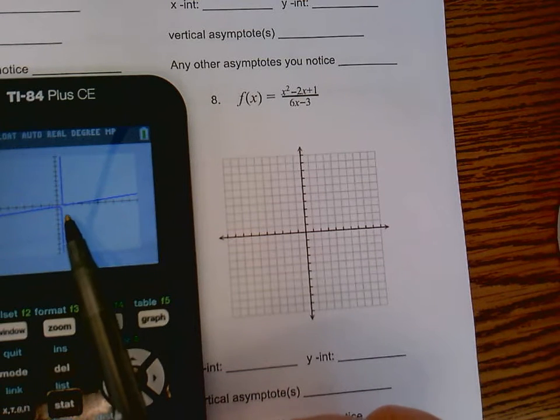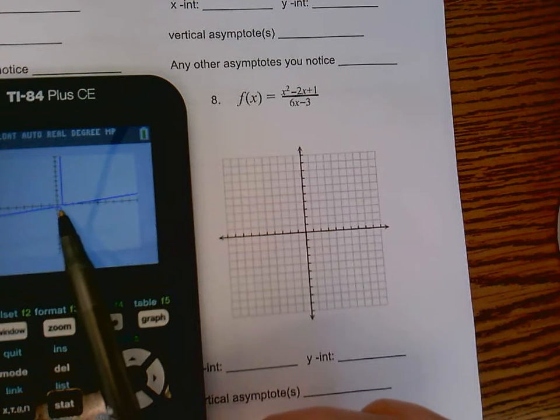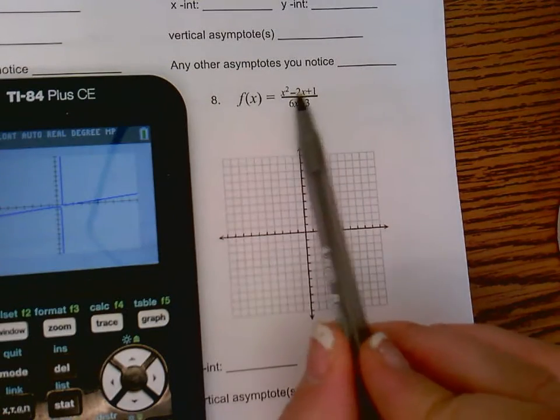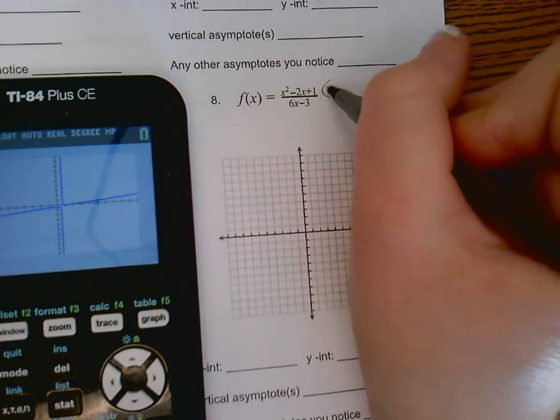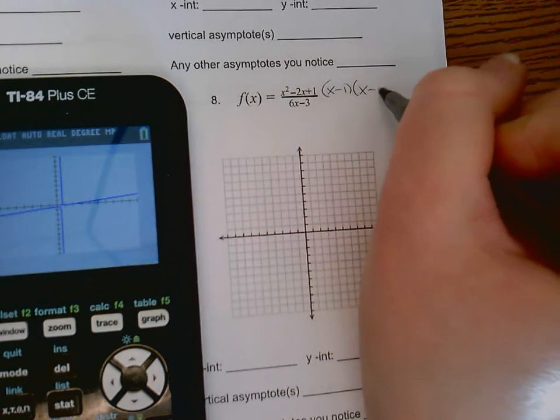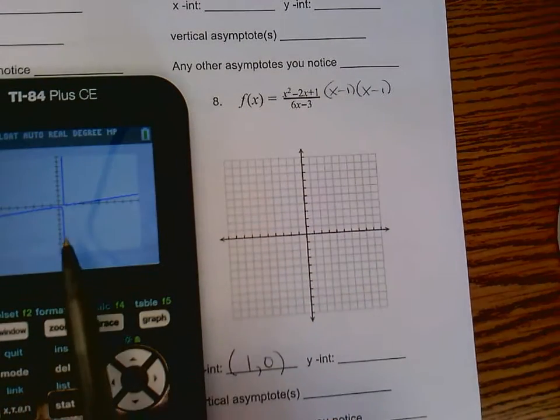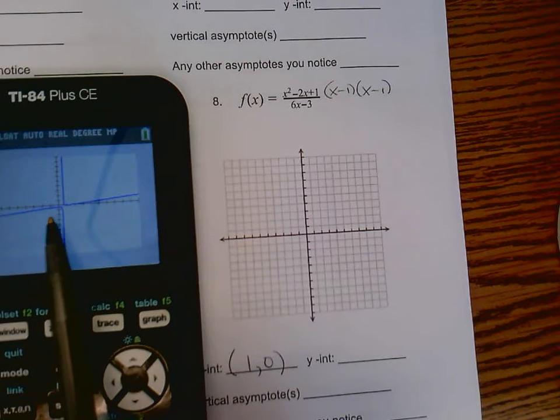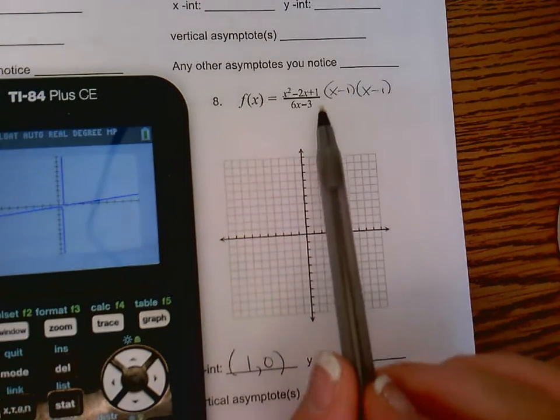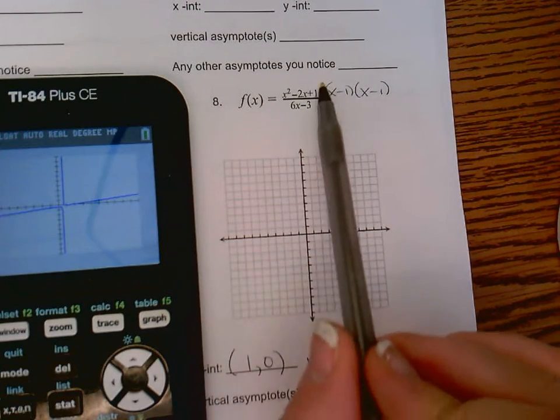Can I tell what my x-intercept is? It looks like it's at 1. And actually, if I factored my numerator, isn't that x minus 1 times x minus 1? So yes, my x-intercept is at 1. Can I tell the y-intercept? It looks like it's right here at a negative value. Wouldn't that value be -1/3 if I plug in 0?